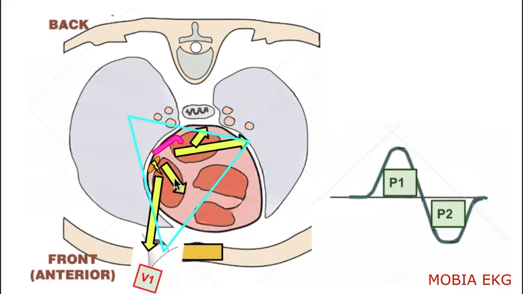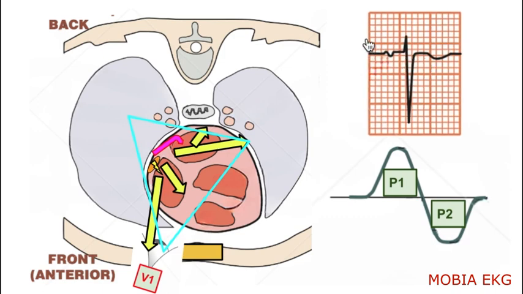The movement of the depolarization wave in different directions presents them as opposite deflections from the isoelectric line. As a result, in lead V1 we have a biphasic P wave, which is very normal for a P wave from sinus origin.